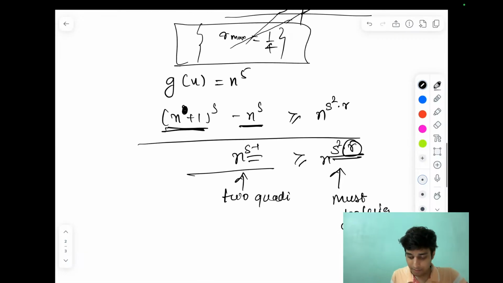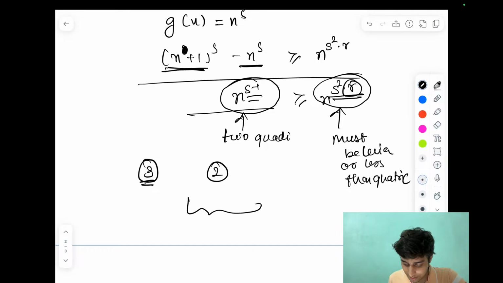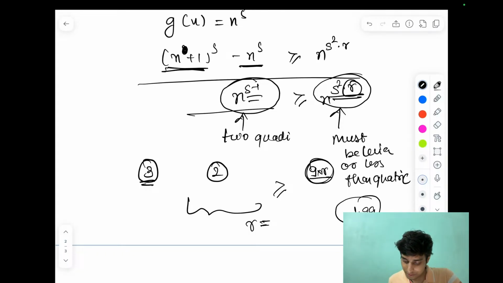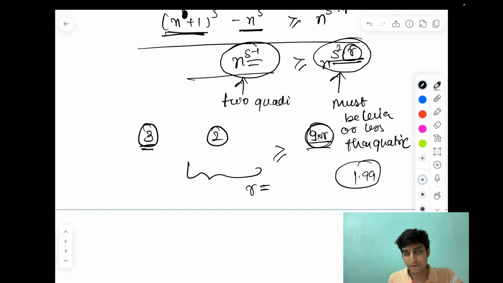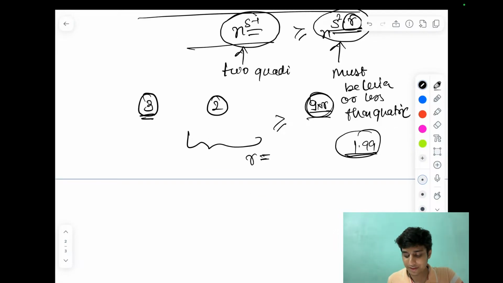As soon as these powers go beyond 3, suppose it's 3, the left-hand term would be quadratic squared, and it would be 9 times r something. If we want this power to be 1.99, let's suppose, because it could not be quadratic, because if it's quadratic, it might intersect at any point. So we are supposing this.